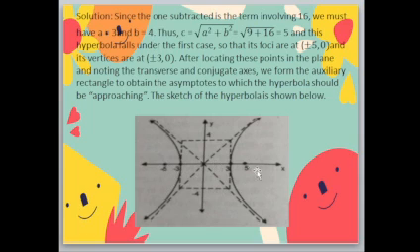As we know, we have our foci here, positive 5 and negative 5. Our vertices, positive 3 and negative 3. And the bases to form the auxiliary rectangle is the value b. So we have positive 4 and negative 4.